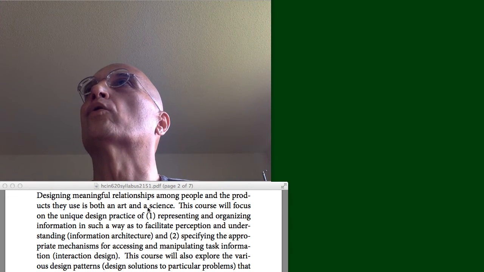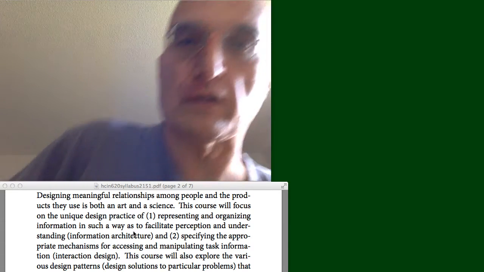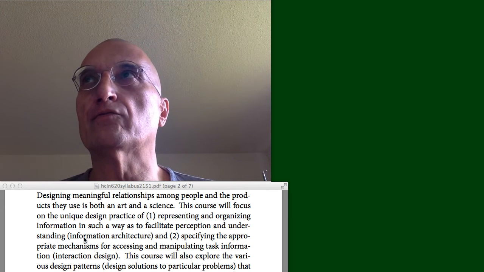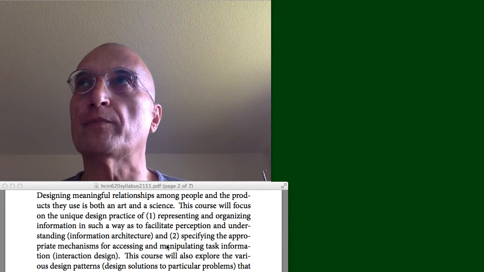So this course will focus on the unique design practice of representing and organizing information in such a way as to facilitate perception and understanding. And unfortunately, they've used in the official course description this somewhat dated term, information architecture.